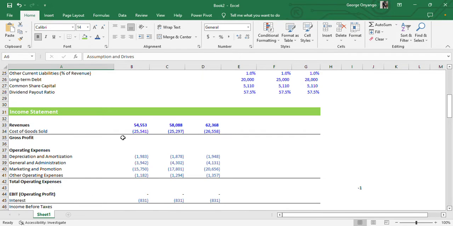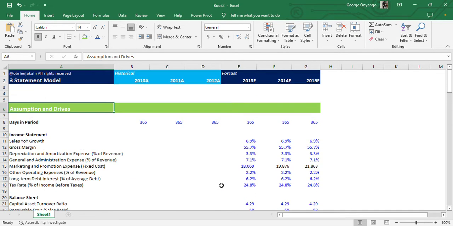statement. We are going to be able to fill this together, and after that we are going to do a forecast. Assuming that we are in the year 2012, we are going to forecast the year 2013, 2014 and 2015.